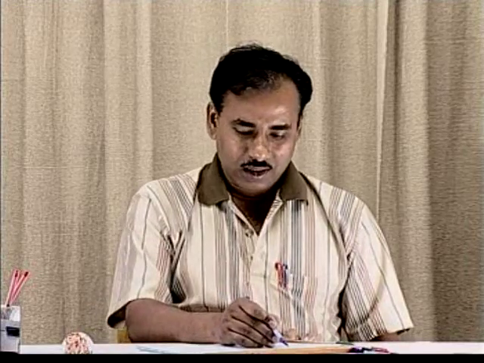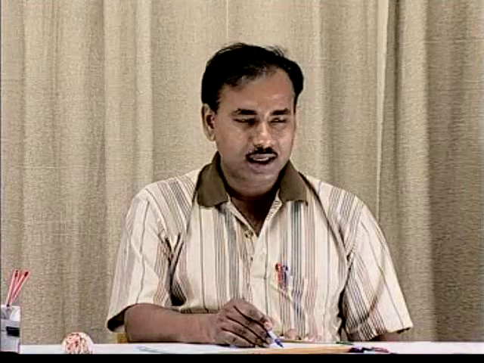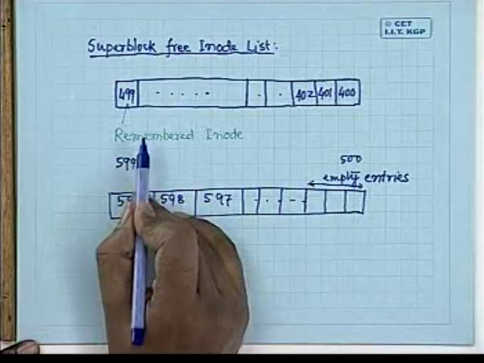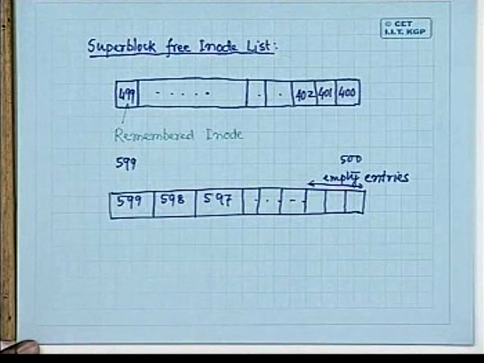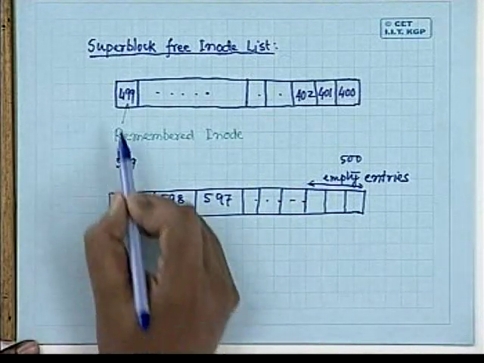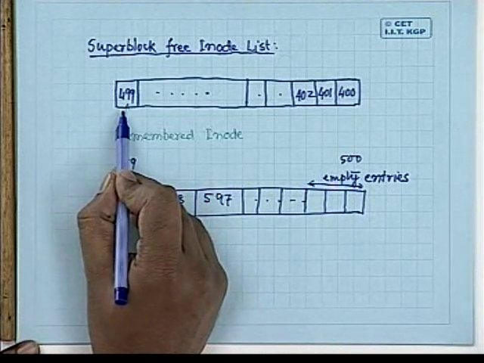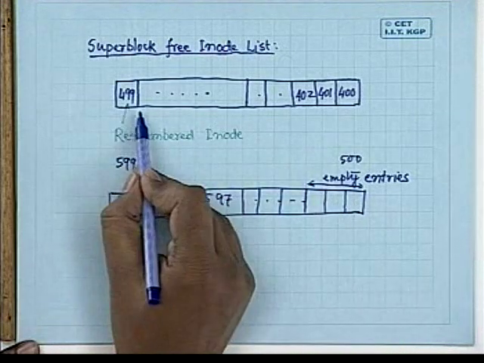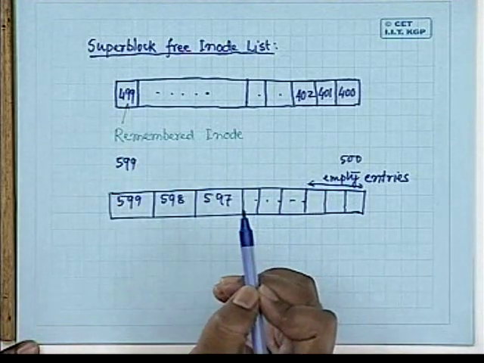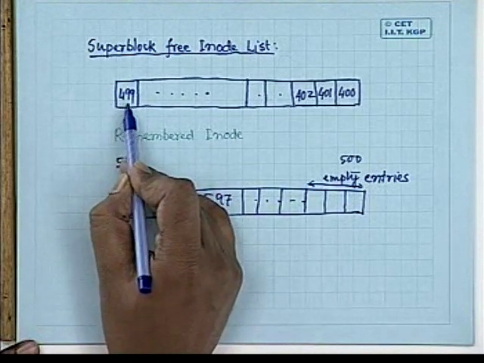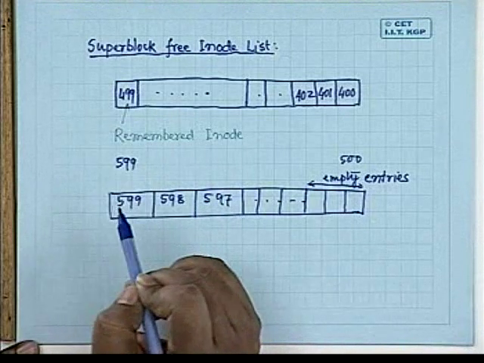Because the number of that inode is more than the remembered inode number, the next time the search for unallocated inodes is done, you will be able to access that particular inode, because the search will always start from the number 499. Suppose the inode which is becoming free is 512. 512 cannot be placed in the remembered inode place, because in that case 499 will be lost.